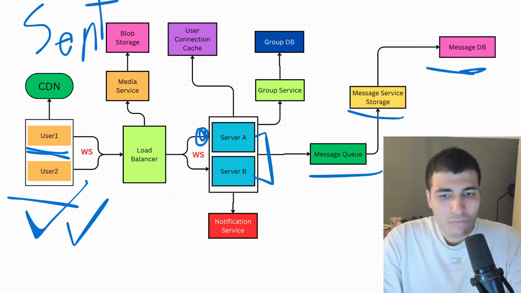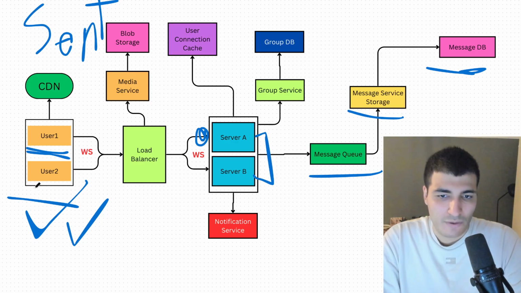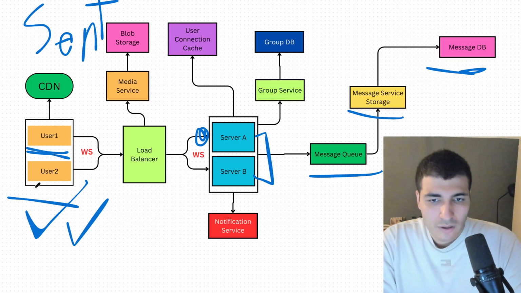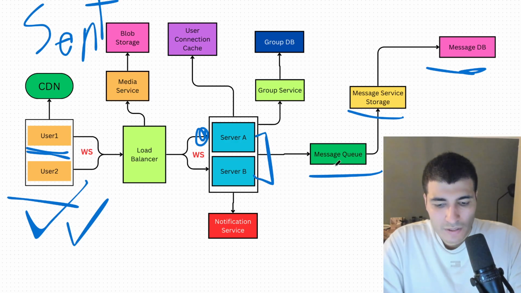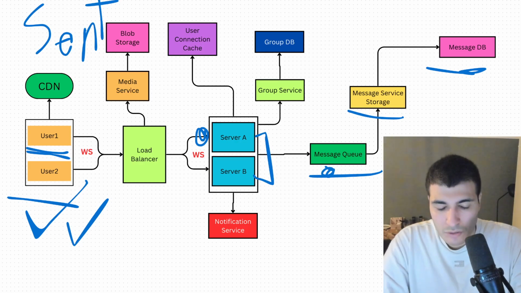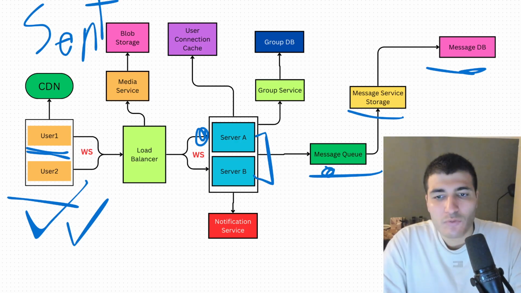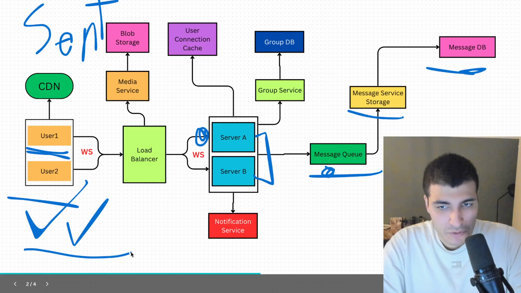Server A marks the message as delivered in the message queue, and notifies the user 1 app in real time. This means user 1 will now see two check marks, because the message has now been delivered.